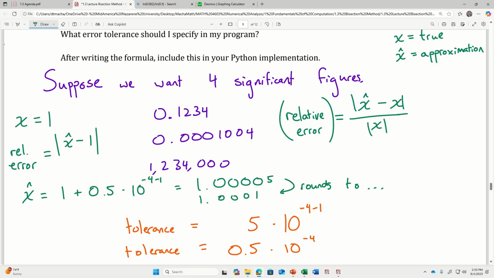Let's say this x hat is the worst possible approximation that I could have that would still fit under the tolerance. In other words, I'm going to have 1 plus the maximum error allowed by this tolerance, the tolerance itself, 0.5 times 10 to the negative 4. That would be 1.00005. And even if I tell my computer to round this up to the next thing or whatever, it's only going to give 1.0001.